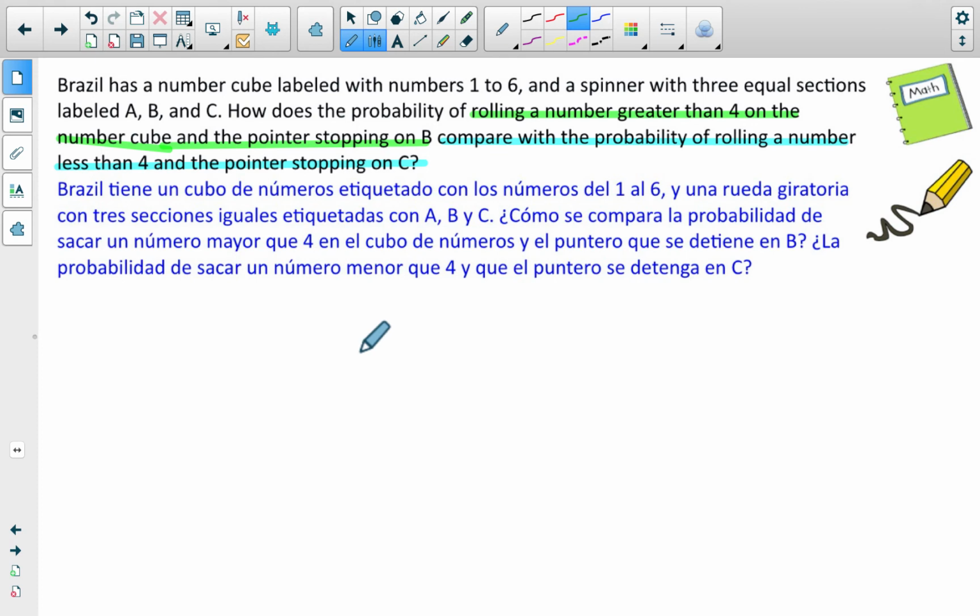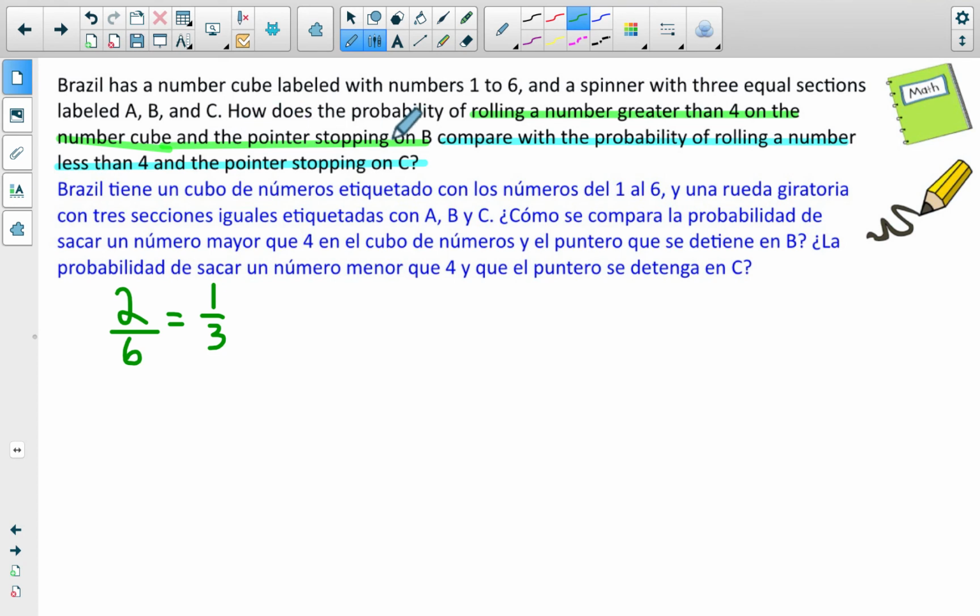Rolling a number greater than 4. Okay. There is 5 and 6 on this dice that are greater than 4. That is 2 out of 6. That is that probability. Now, I'm going to simplify, because if I simplify before I go to multiply, my numbers will be smaller. So that's that first probability.